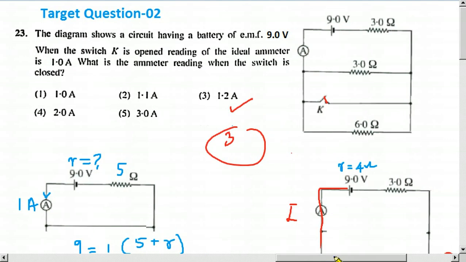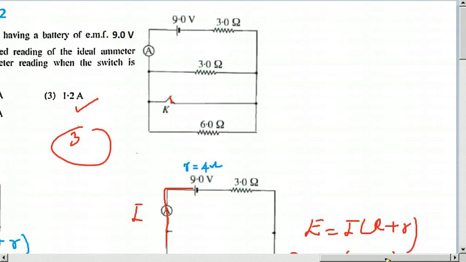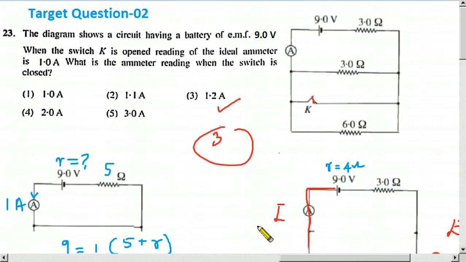Sometimes you might get the correct answer, sometimes not. But however, we discussed it. So children, that is enough for today, because time is up.